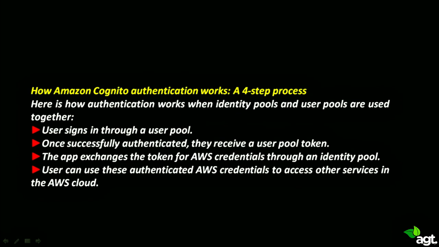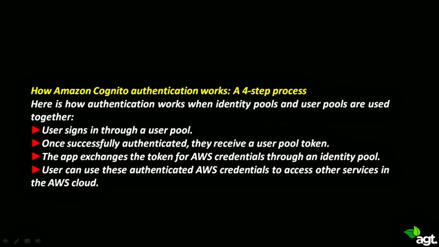So how does Amazon Cognito authentication work? The first process we need to understand is how authentication works when identity pools and user pools are used together. First, the user signs in through your user pool. Second, once successfully authenticated, they receive a user pool token.